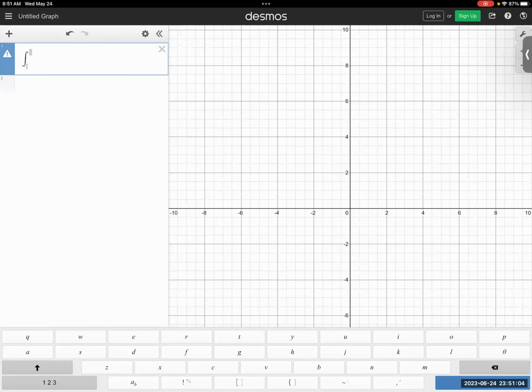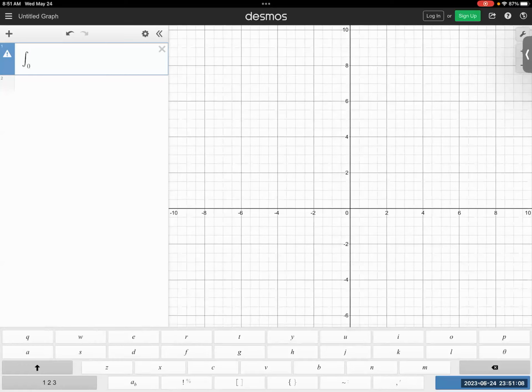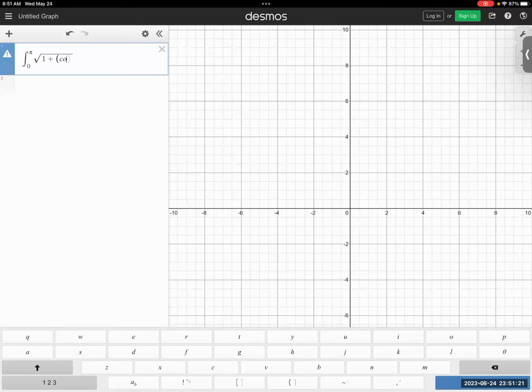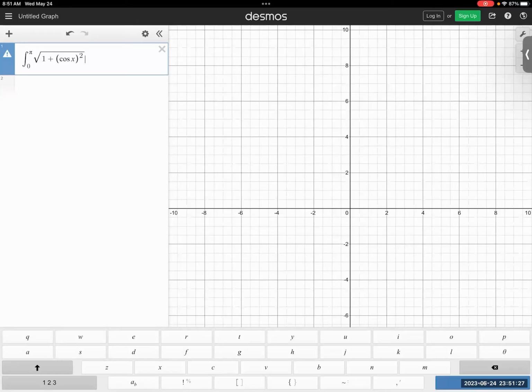And then from 0 to pi. And then we have radical 1 plus cosine x to the second power, and then dx.